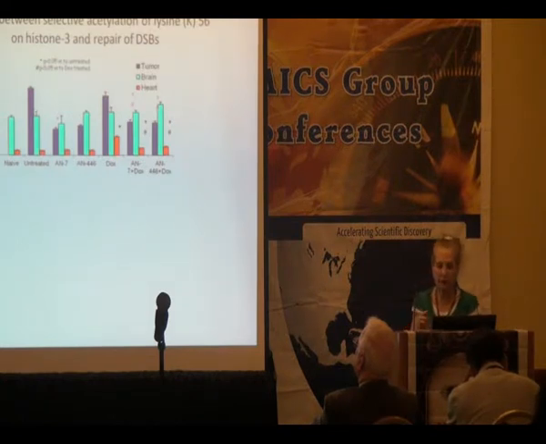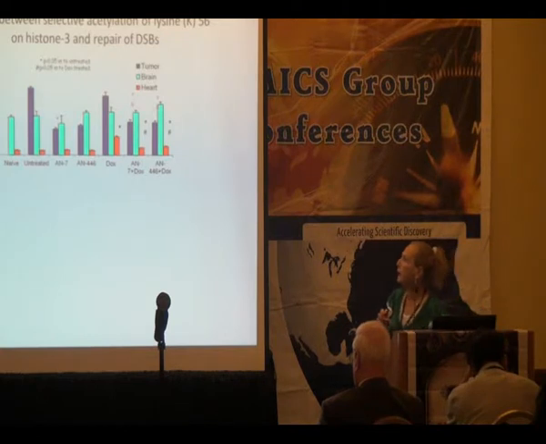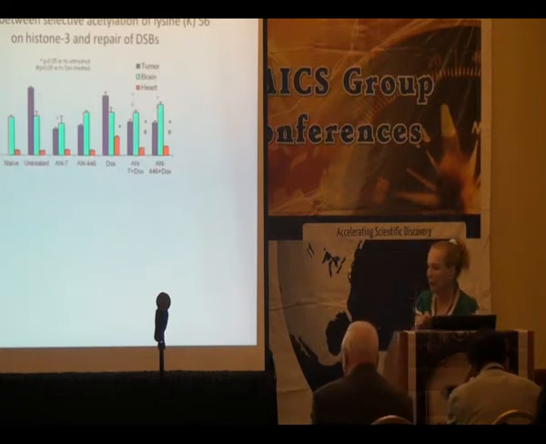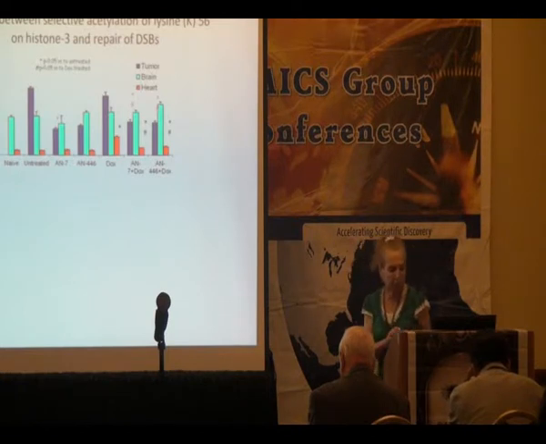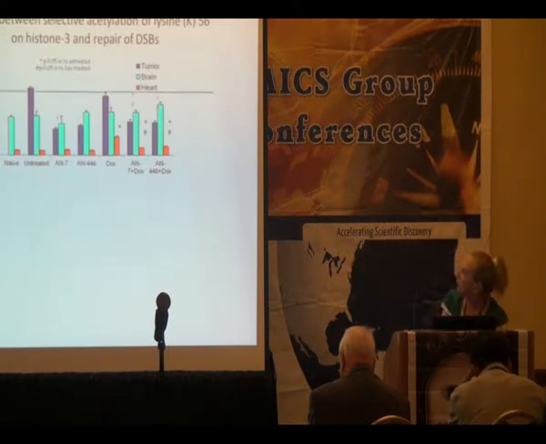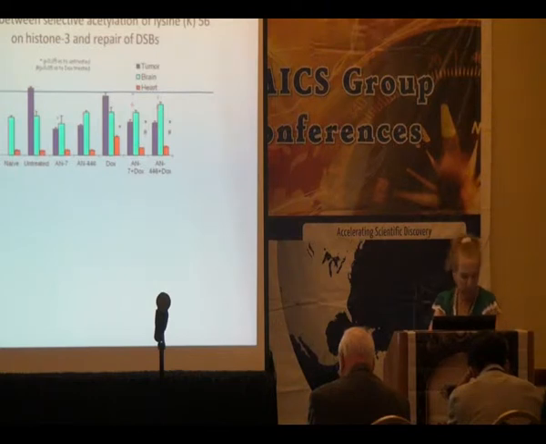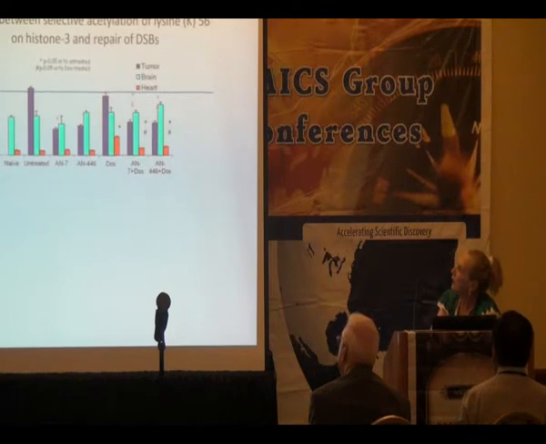We looked at acetylation of lysine 56 in histone 3, and we used a fluorescent kit to do that. And as you can see, the level of K56 was inhibited significantly in the tumor, the blue columns.